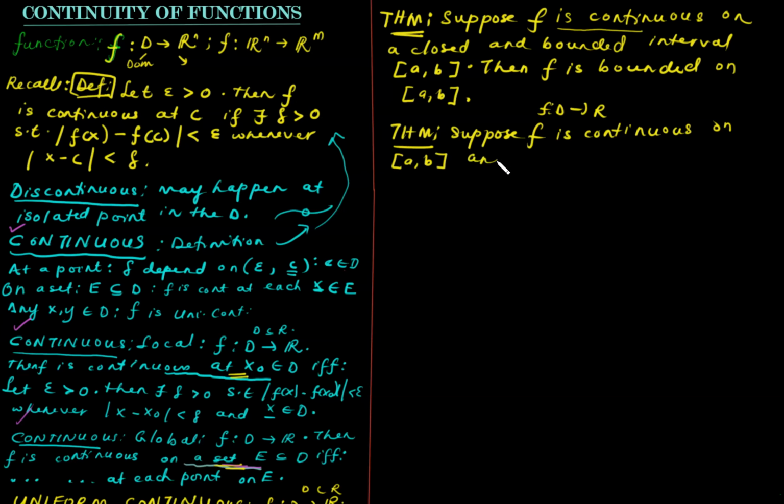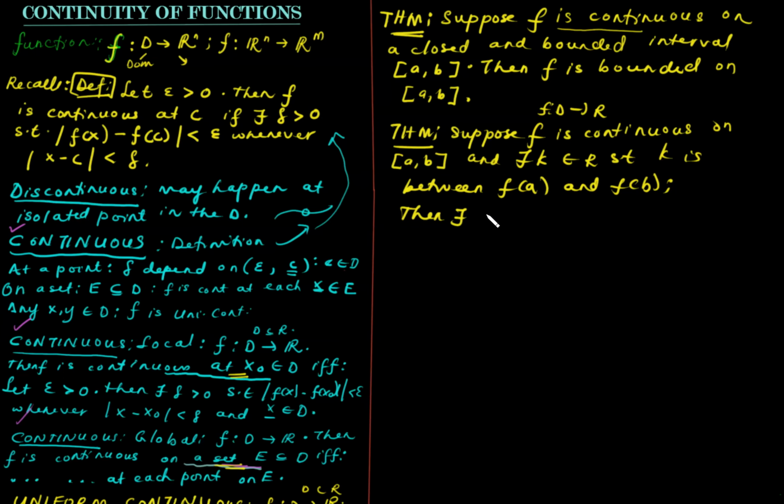And there exists a real number K such that K is between f of a and f of b, then we will say there exists a number c in the open interval (a, b), not including the endpoints, such that when you put your c into the function, f of c is actually the K that you just said existed. In math, this is called, if you recall, the intermediate value theorem.